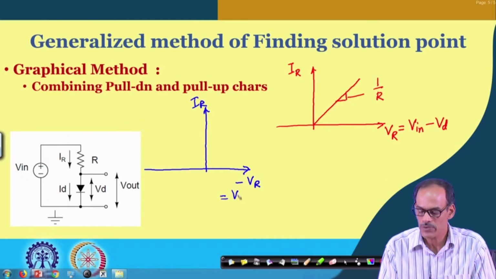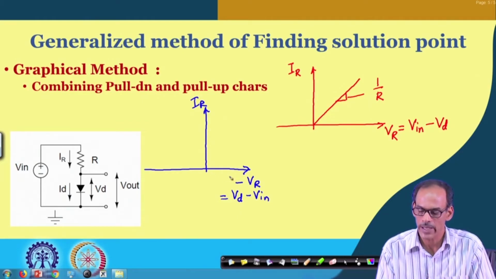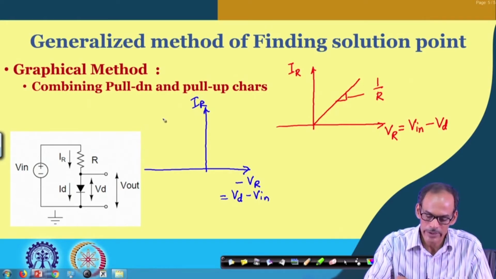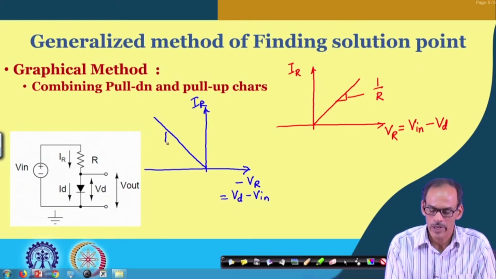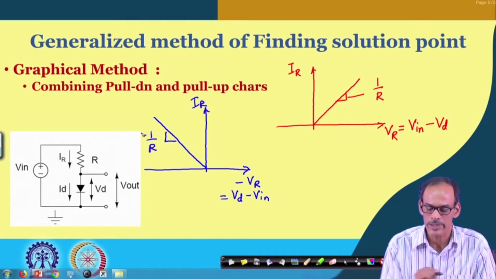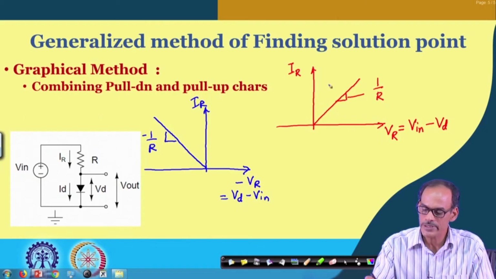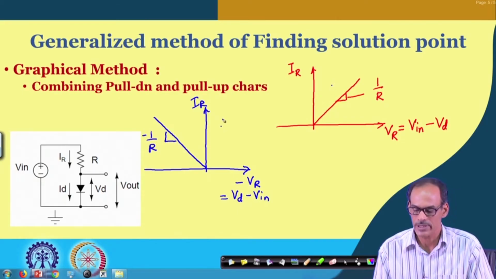This is V d minus V in, and once you flip the axis, the corresponding characteristic curve of the pull up element goes to the second quadrant, where the slope remains 1 by r, but of course with a minus sign because the axis got changed. So, we can say that this characteristic and this characteristic essentially represent the same thing.